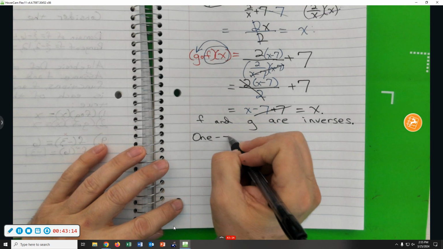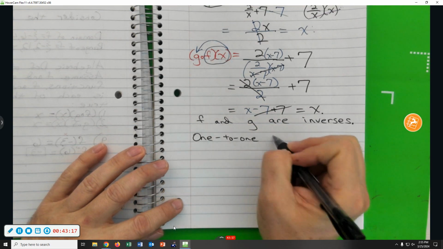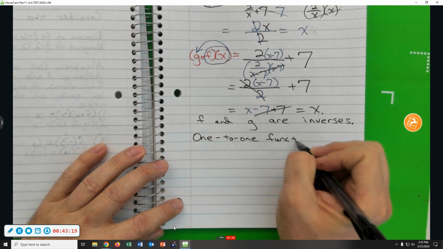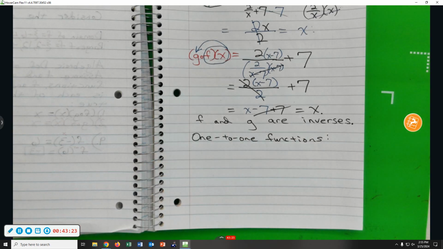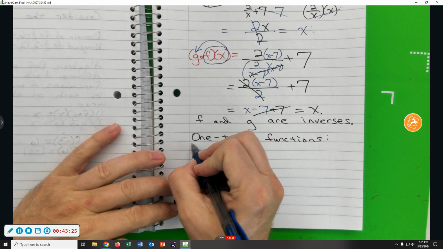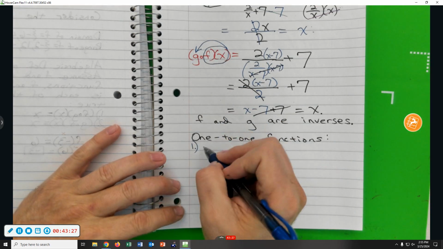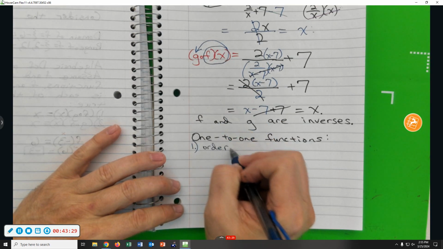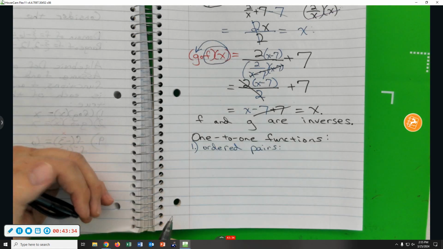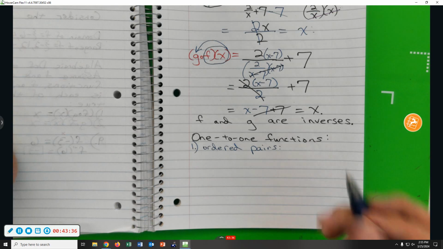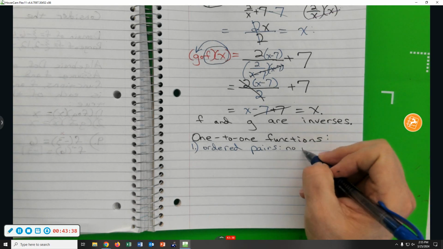One-to-one functions. We looked at functions in 3 different formats. One of them, ordered pairs. If they're one-to-one, that means there's no repeated y values.